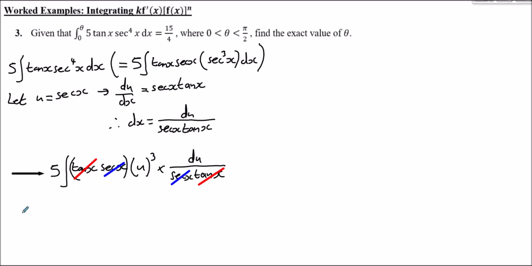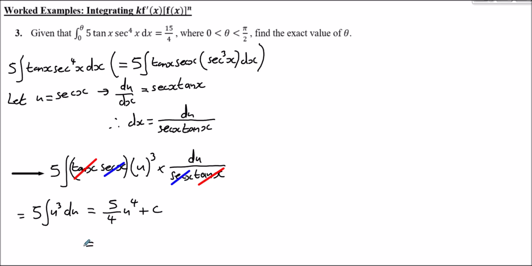So that's therefore going to give me just 5 lots integral of u cubed du. U cubed integrates to a quarter u to the 4, and so that gives 5 over 4 u to the 4 plus c.